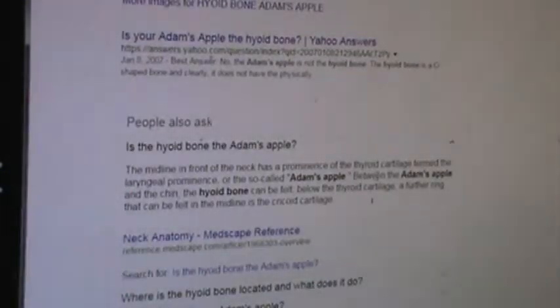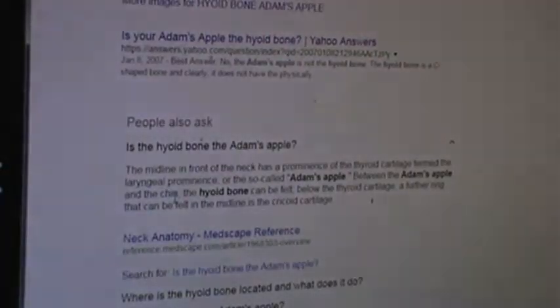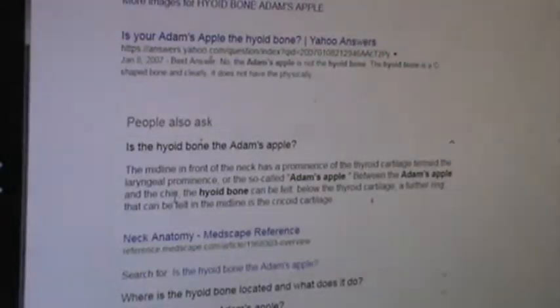So that's the cartilage between the Adam's apple and the chin. The hyoid bone can be felt. Below the thyroid cartilage, a further ring that can be felt in the midline is the cricoid cartilage.